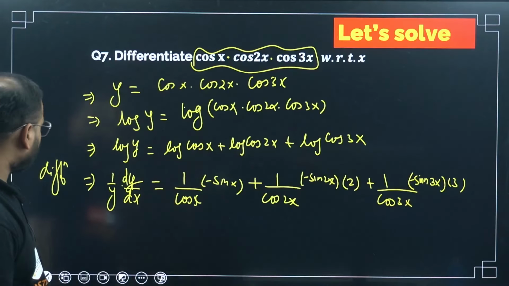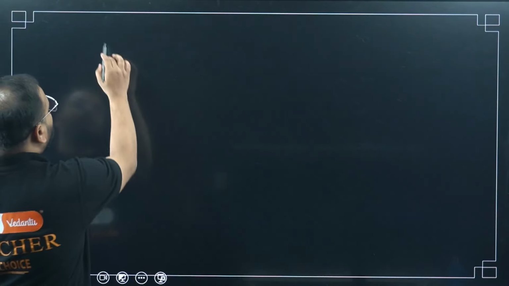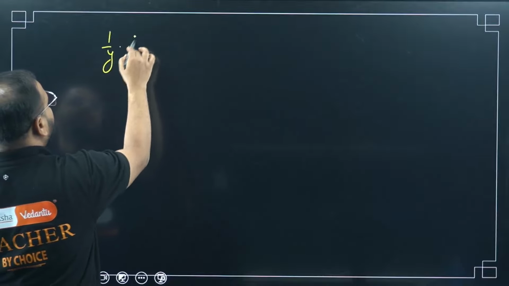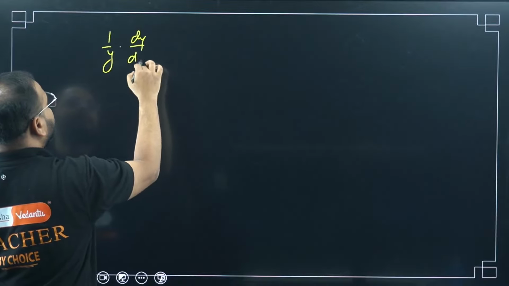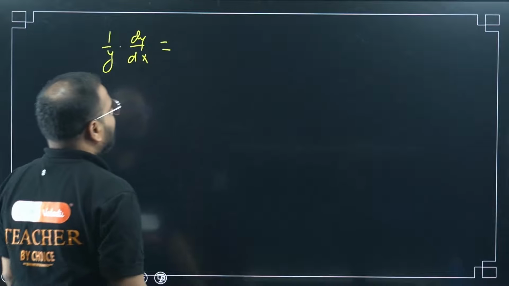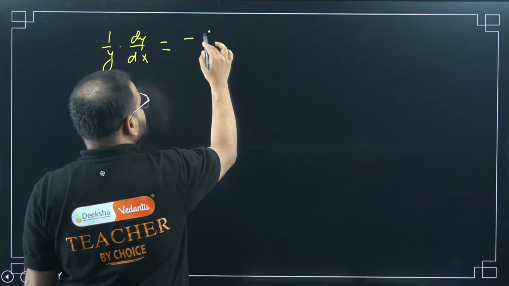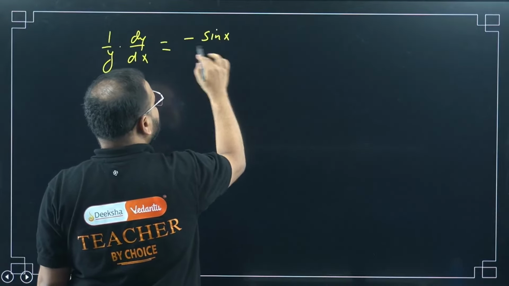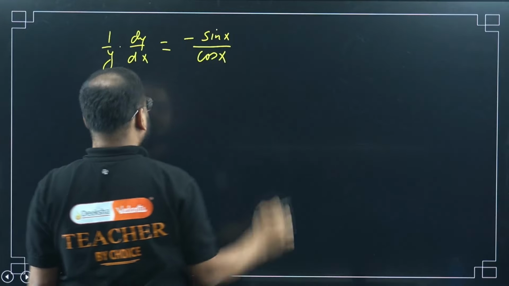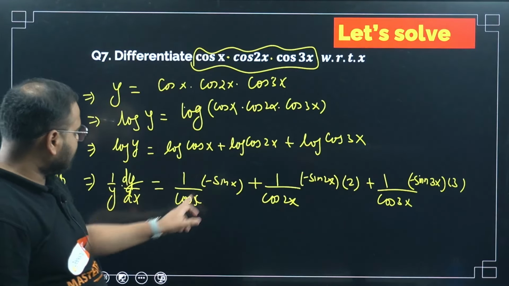So what I have got so far, please check here. I have got 1 upon y dy by dx equal to minus sin x by cos x.